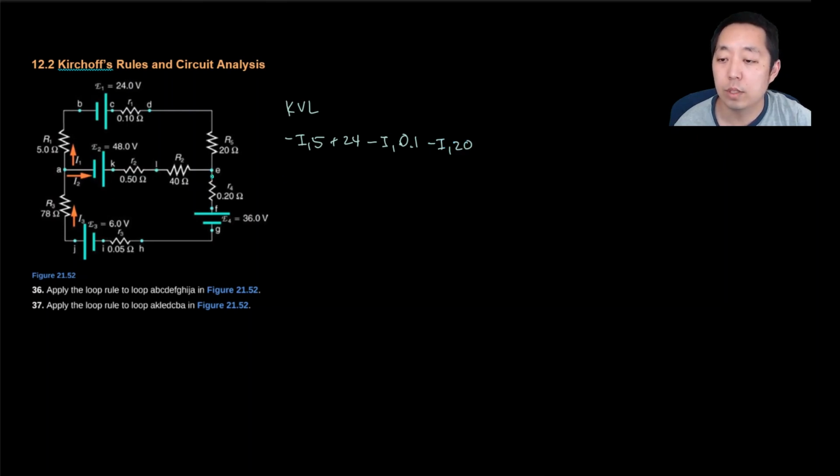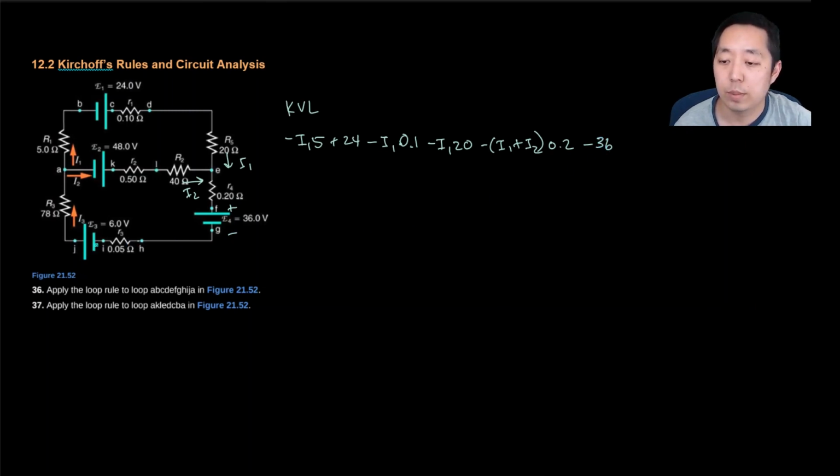Then we're going to go through this loop, and here you have to be careful because the current going into this resistor is I1 plus I2. So we're going to do I1 plus I2, and it drops across 0.2 ohms. Then here it's a voltage drop because this is the positive terminal and negative, so we drop 36 volts: minus 36.